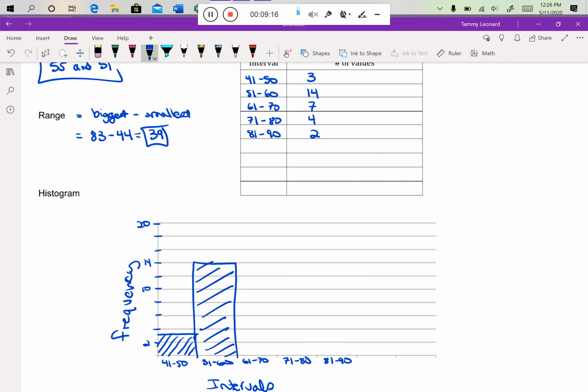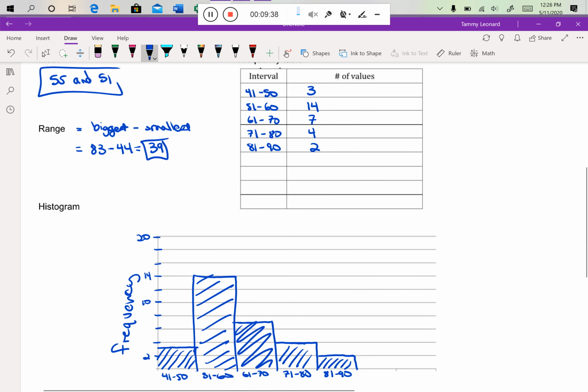Then to 7, so that's going to put us in the middle again. Then 4. And finally 2. We now have a completed histogram that represents the frequency table that we created up above.